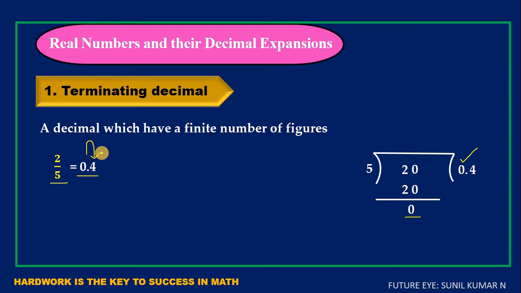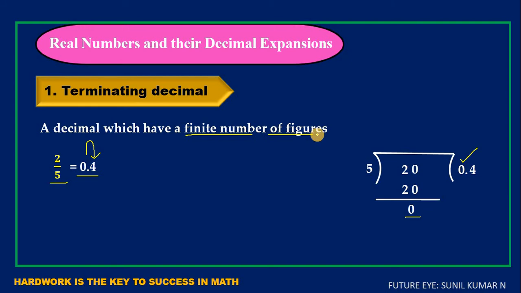It means it is countable. There is only one digit. Hence it contains a finite number of figures. Therefore we can call 0.4 a terminating decimal. I repeat again children, a decimal which has a finite number of figures is called a terminating decimal.